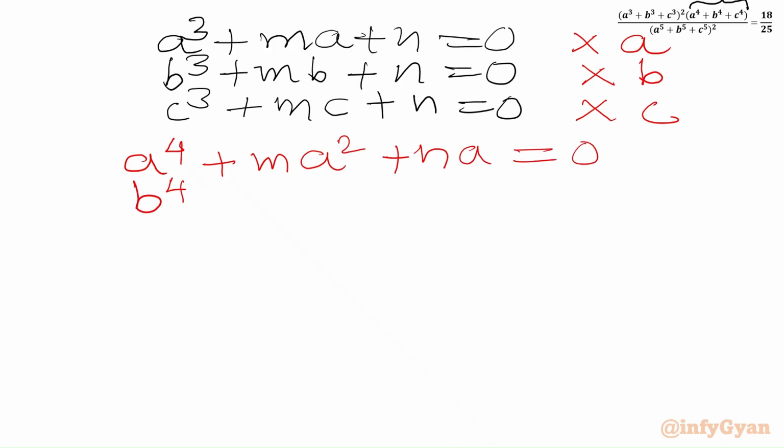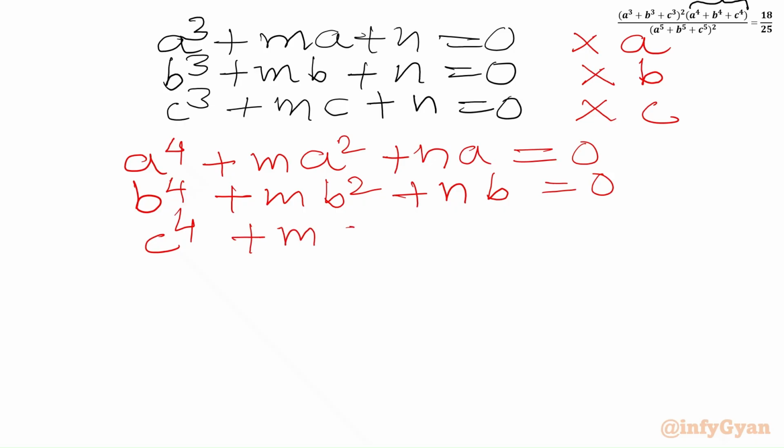Similarly, the second equation would be b power 4 plus mb square plus nb equal to 0. The third equation would be c power 4 plus m times c square plus n times c equal to 0. Now we are going to add these three equations.